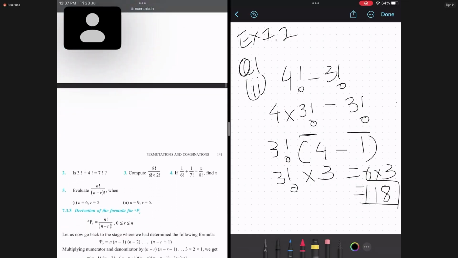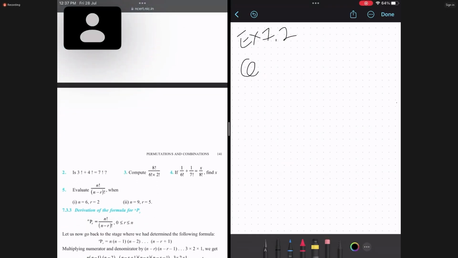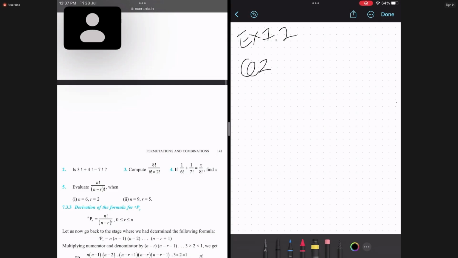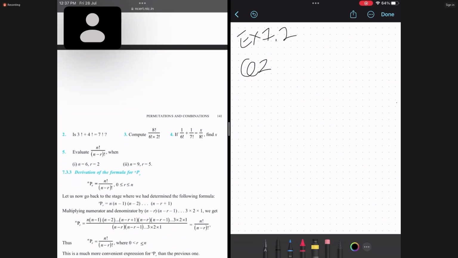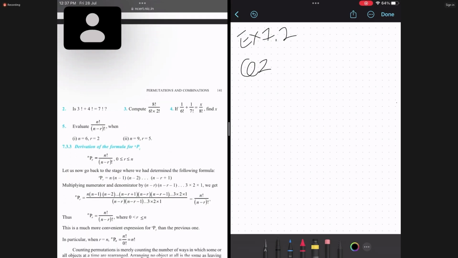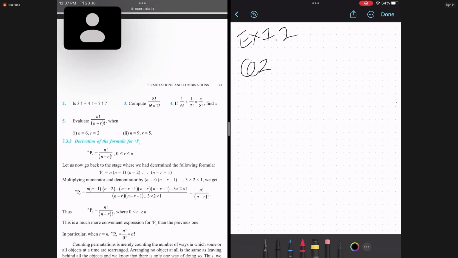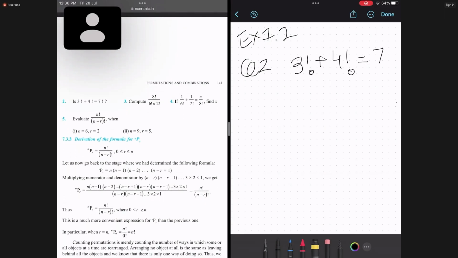Moving on to the second question. In the second question, it has been asked whether 3 factorial plus 4 factorial is equal to 7 factorial or not. So this might seem very trivial to you guys, and it actually is.